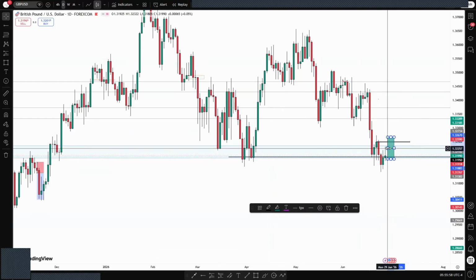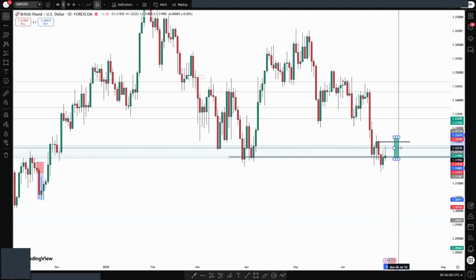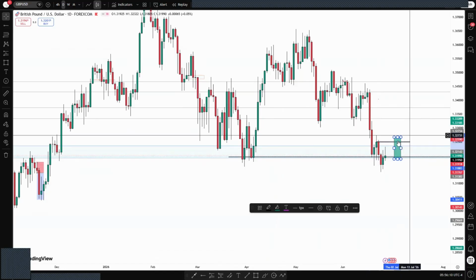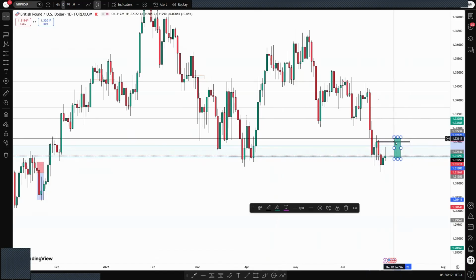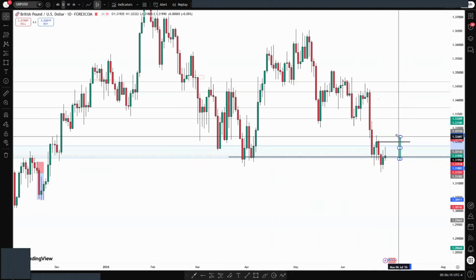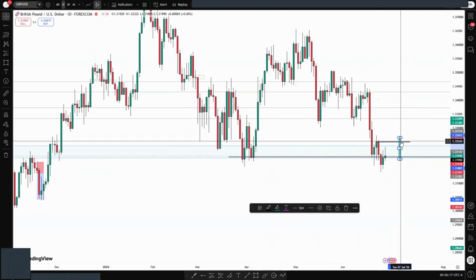So if this wants to invite me next month, I need price to break above this level and go bullish from the daily time frame and close with a strong bullish candle.